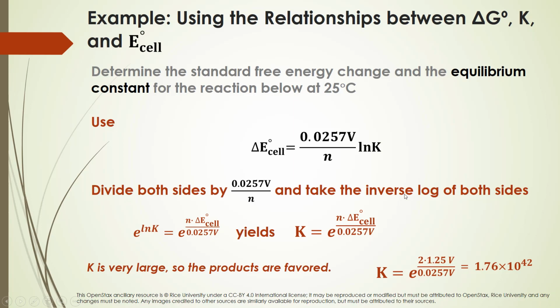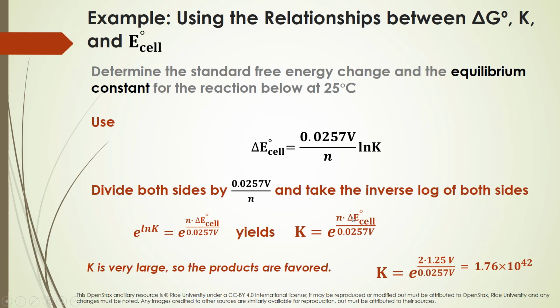So we're going to take the inverse log of both sides, and you can see the result here. e to the natural log of K is just going to give us K, the equilibrium constant, and this other term is going to basically remain the same. So we're going to take e to whatever the value of this is. You're going to plug in 2 electrons for n.